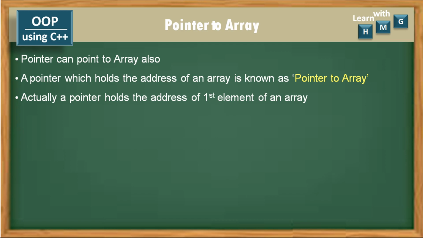The array is a set of data items, and each individual data item is stored at different addresses, that is memory locations. Out of that, whatever the address of element number 0, that is assigned to the pointer, and like this a pointer holds the address of first element of an array.